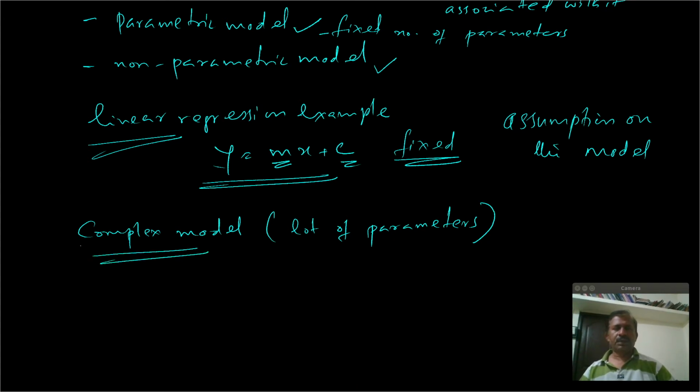That is called a non-parametric model. It doesn't mean that in a non-parametric model you don't have any parameters. That is wrong. You will have more parameters in the case of a non-parametric model, and it will be very complex in nature, right? So let's stick to the parametric model for this lecture.